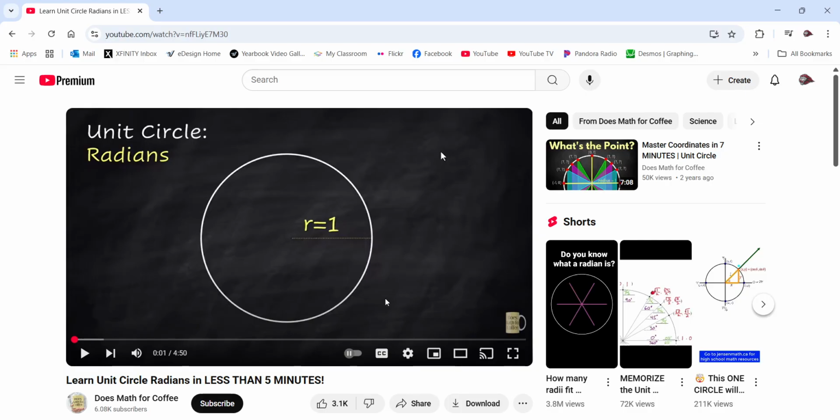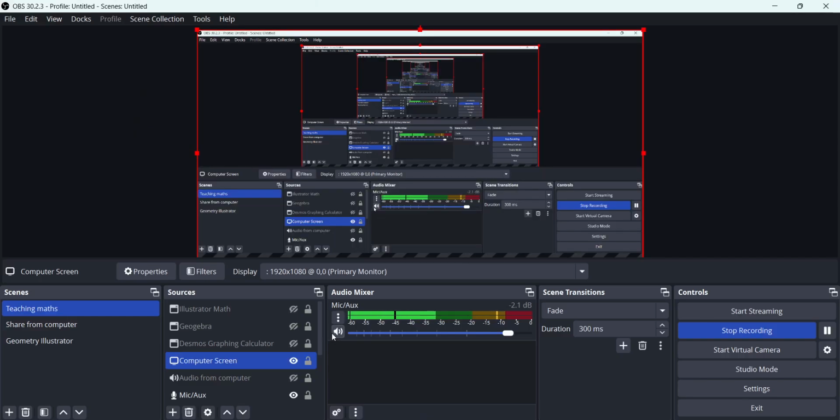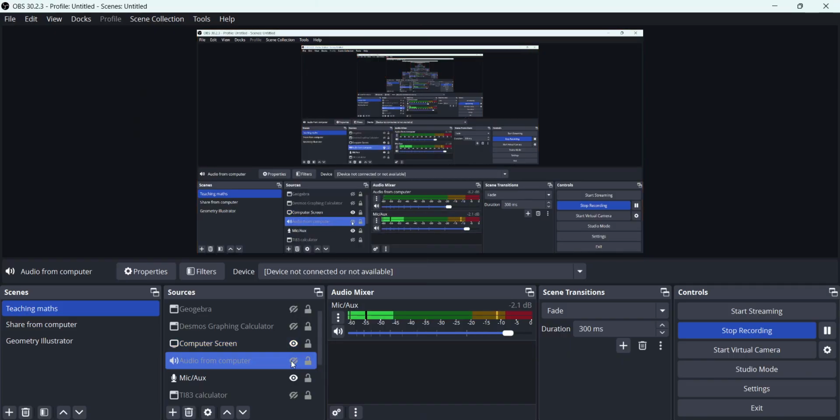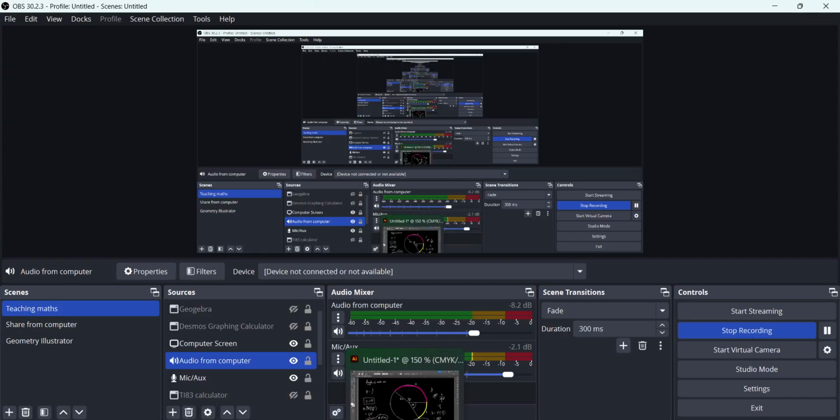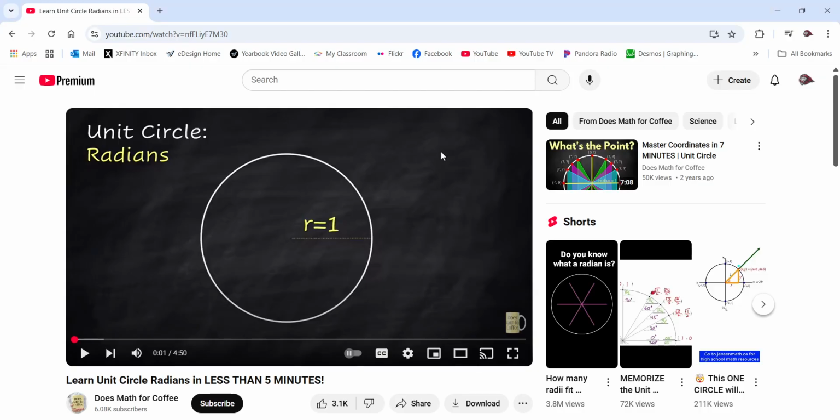I don't know how well the sound is going to come across on this. There is a way on this program where I can get audio from the computer. There we go. Oh, I think I have to turn that off. Oh, I don't think it's working. Anyway, that's okay. It doesn't matter. Nobody's watching this on YouTube anyway, so who cares? Absolutely do.